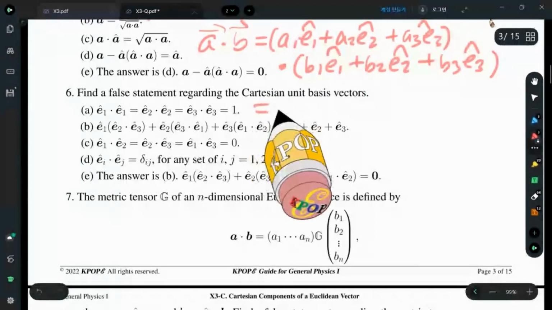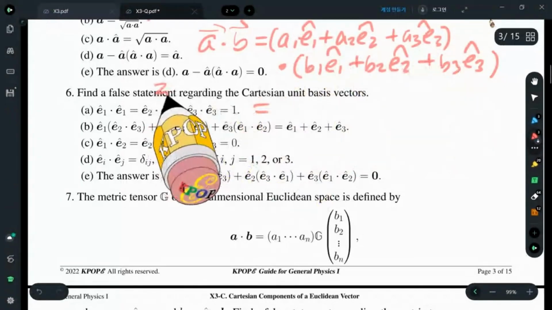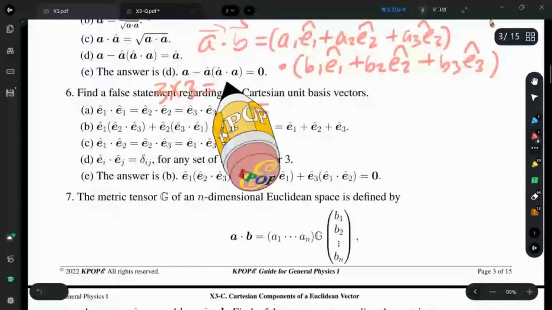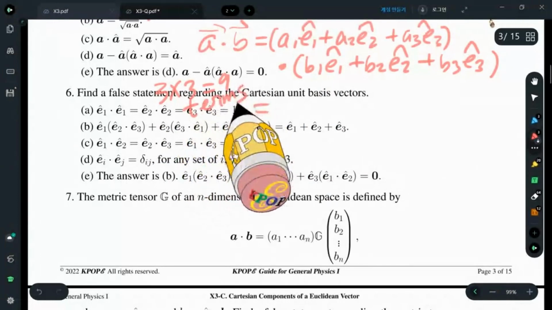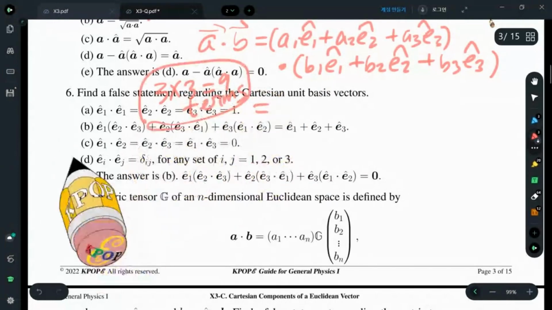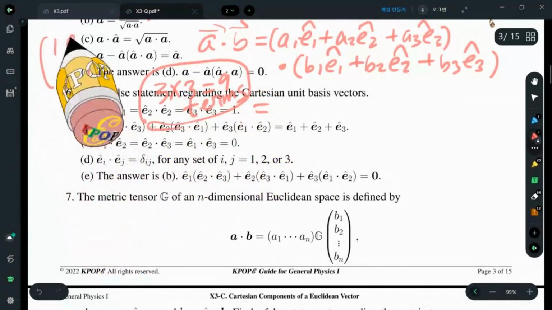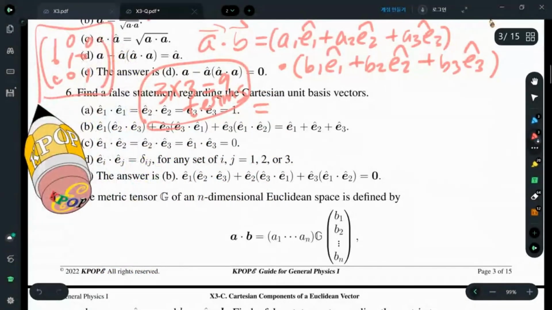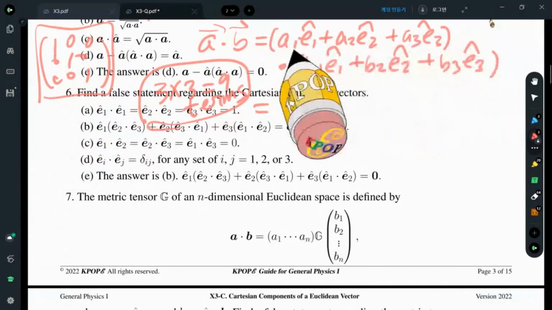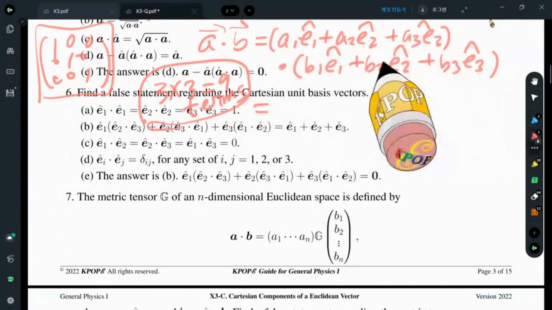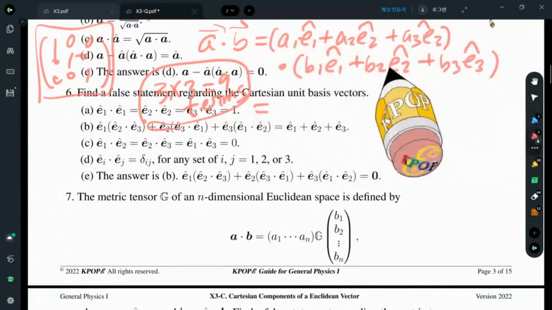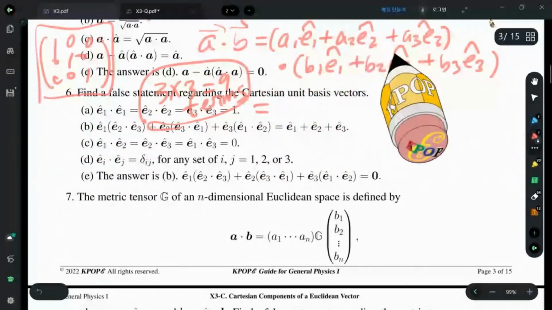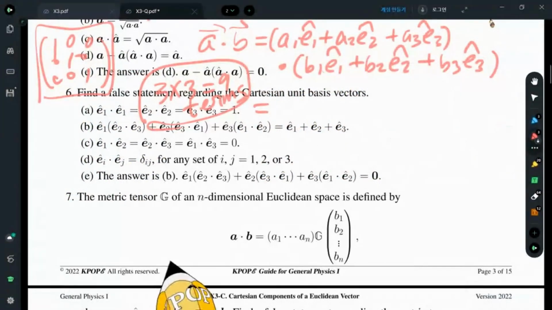Expanding this multiplication gives 3 by 3, 9 terms. Remember the multiplication table: 1, 1, 1, 0, 0, 0, 0, 0, 0. Using it, the only surviving terms are 11, 22, 33. Understood?